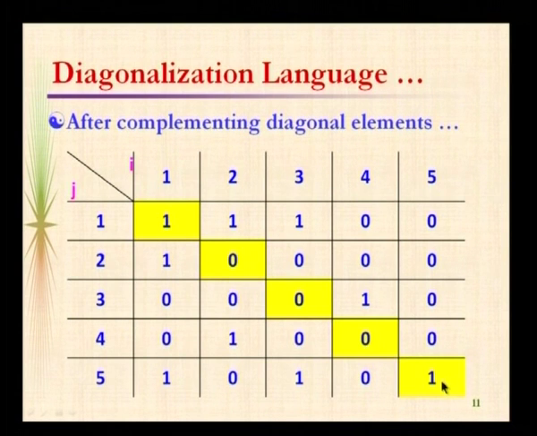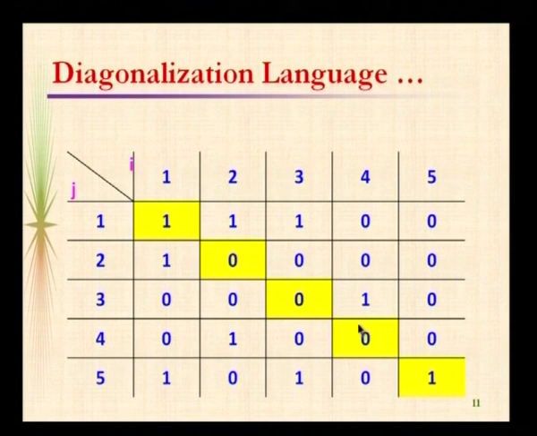Only those two strings are available. So in the diagonal language, we have the string W1 and only W5. W2, W3 and W4 are not included in the characteristic vector for the diagonal language, which means those strings are not available in the language.